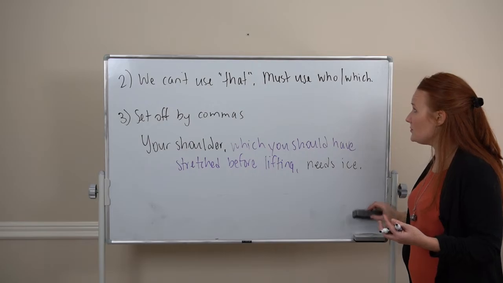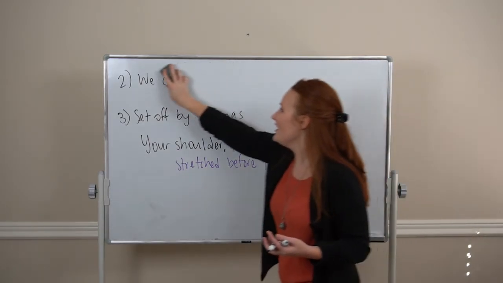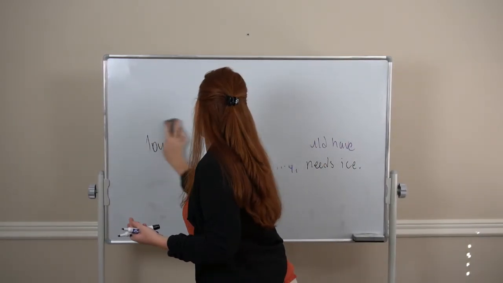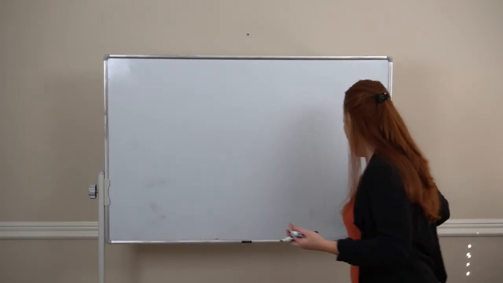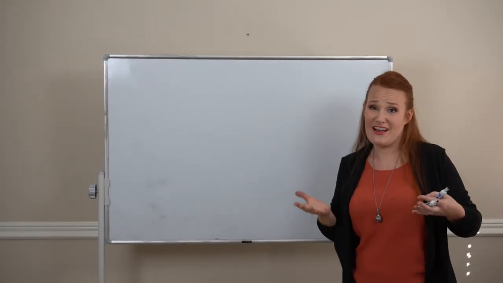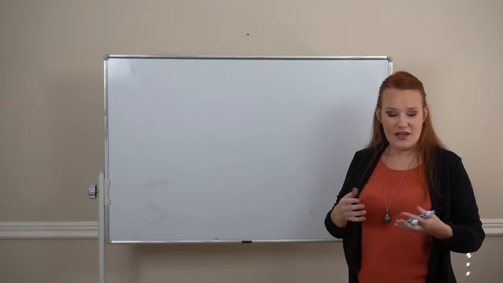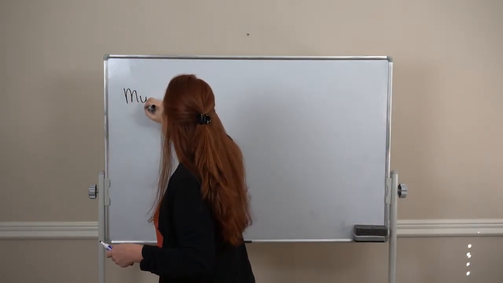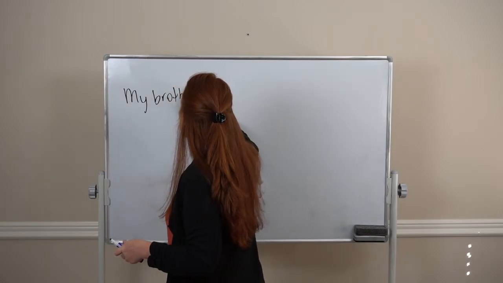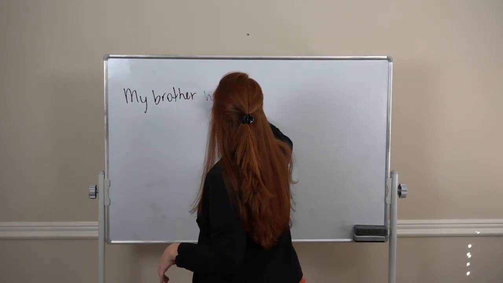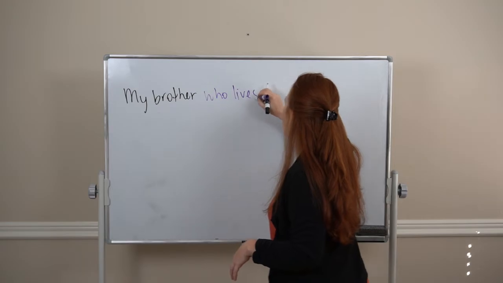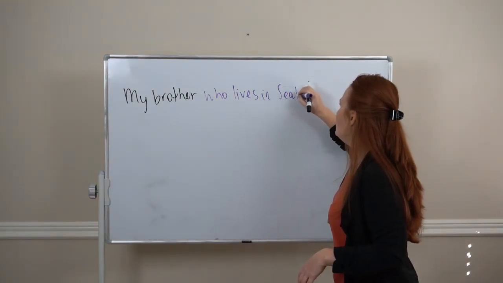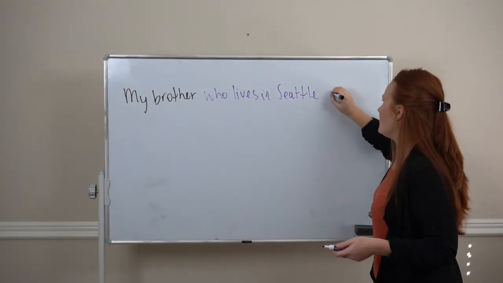Okay, last thing that you might need to know about these clauses is that sometimes either one will work depending on context. So if I tell you, my brother who lives in Seattle is a personal trainer.